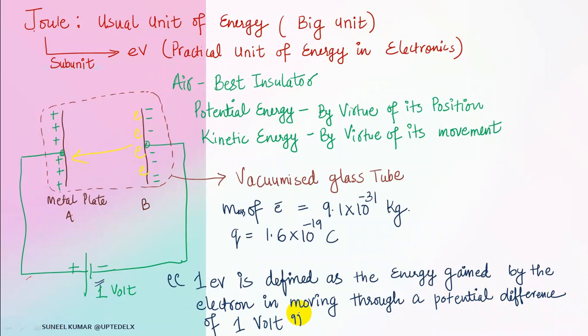Now there are many things to discuss. This is the definition of 1 electron volt, that whatever energy is gained by the electron whenever we are connecting a 1 volt voltage source here, that energy will be 1 electron volt.